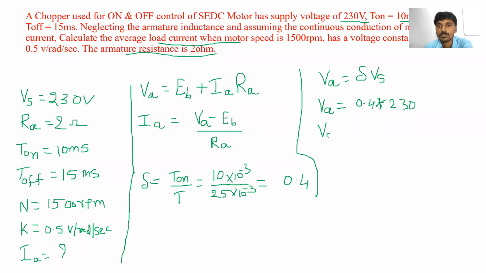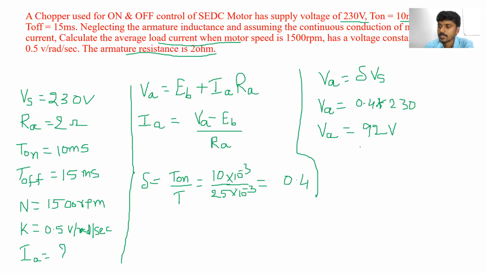So what is the value of this? 9.2? How much? I got 92 volts. 9.2 or 92? 92. Okay, 92 is the right answer. 9.2 is the wrong answer.